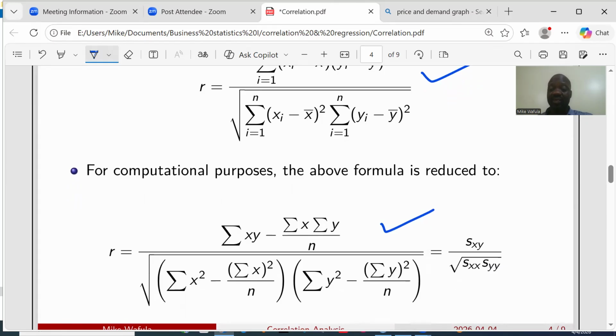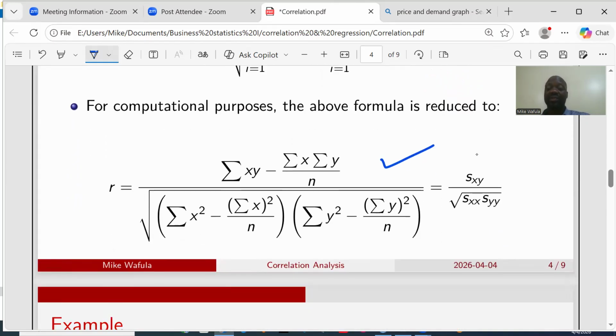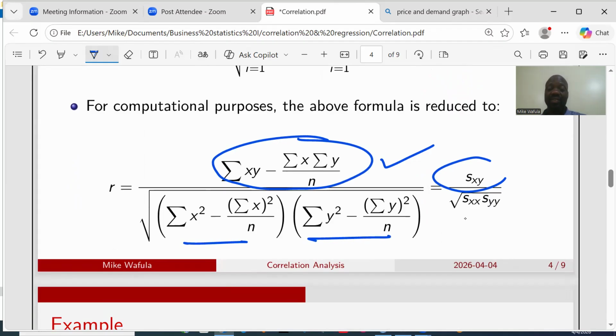I prefer to break it down so that the numerator component we denote as SXY, and the others we denote as SXX and SYY, so that if we compute them separately before we plug them into the formula, it becomes easier.